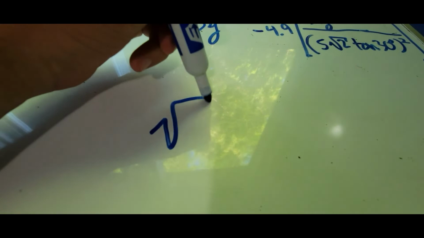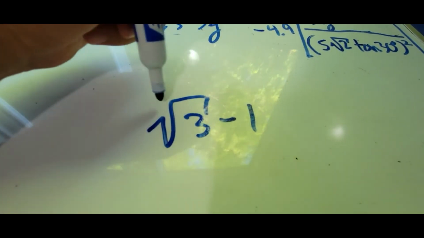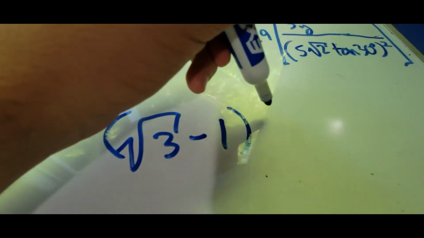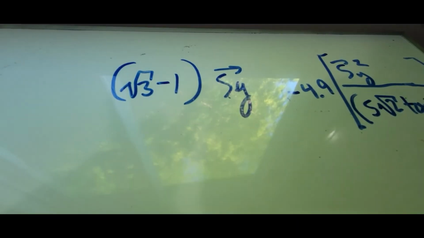So we can in fact move this sy and combine it with this because they are both like terms. Since we're moving it to the other side, this will be the same thing as saying radical 3 minus 1 times sy.